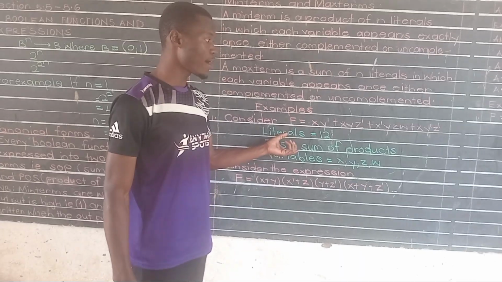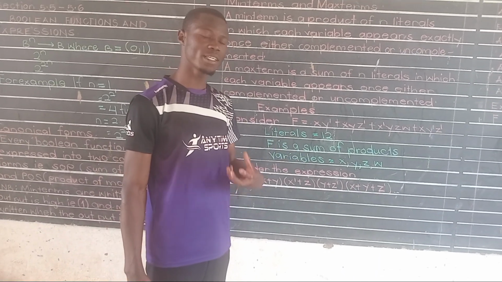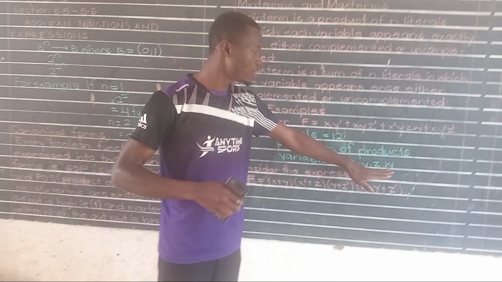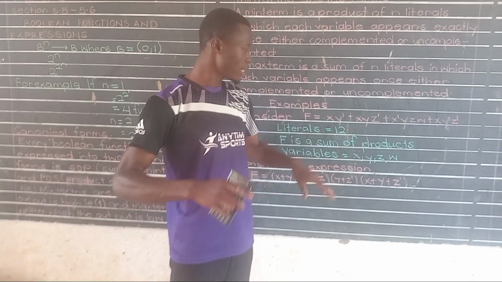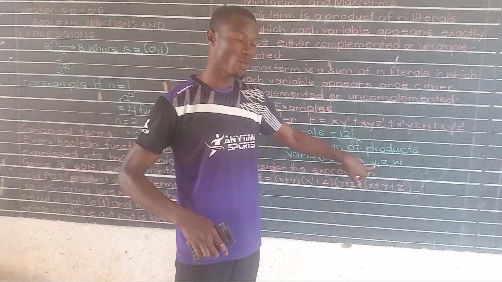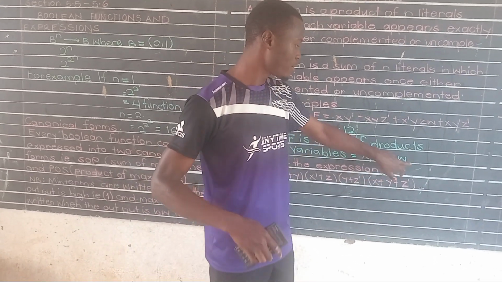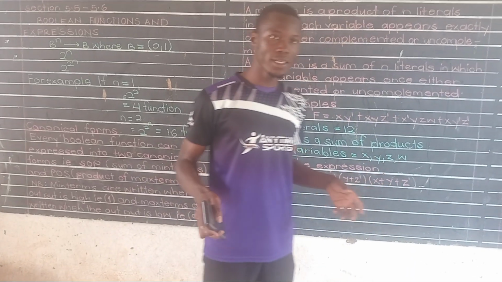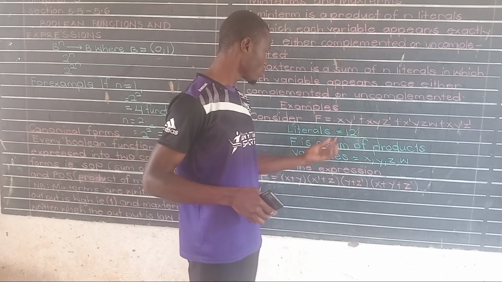I want to identify the min term, but that min term should have all these variables. That term should have the x, the y, the z, and the w, either complemented or uncomplemented.